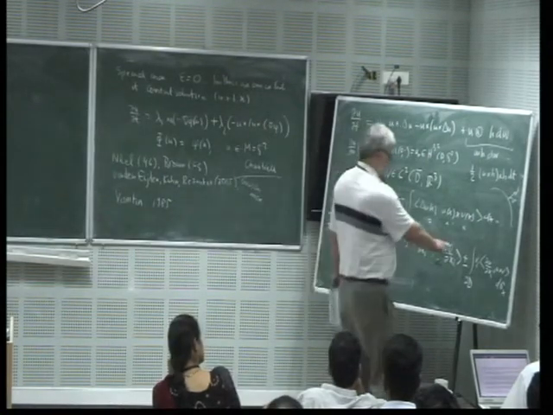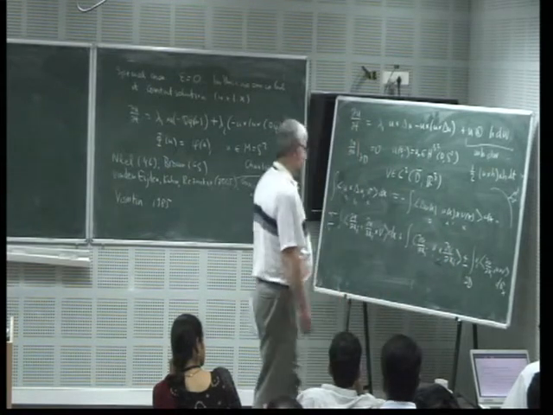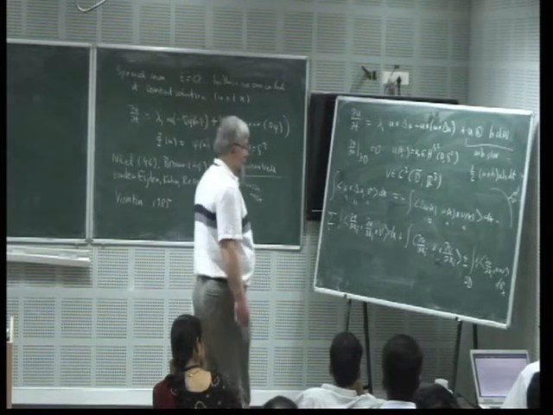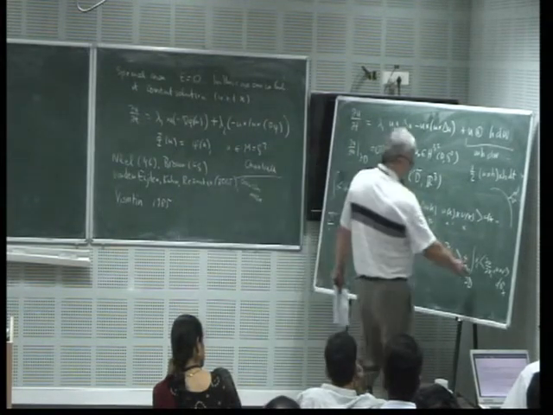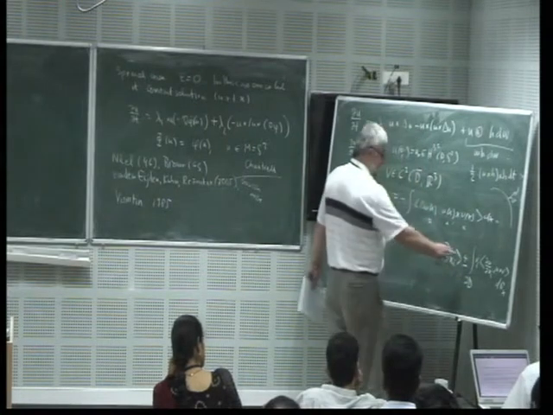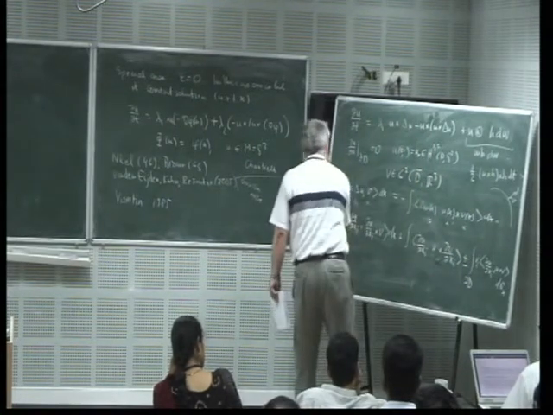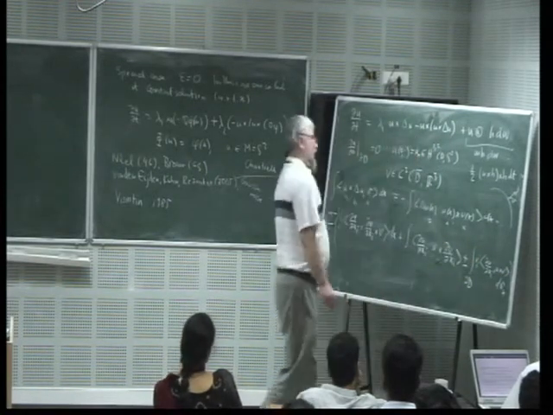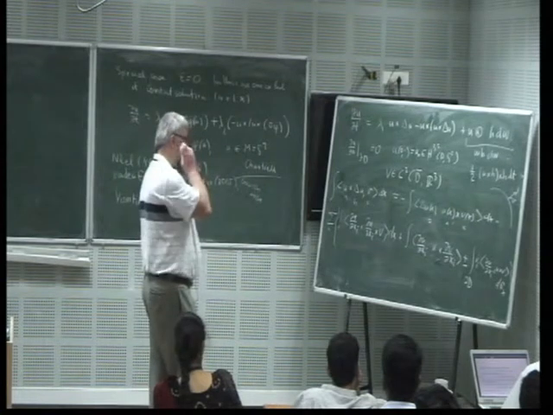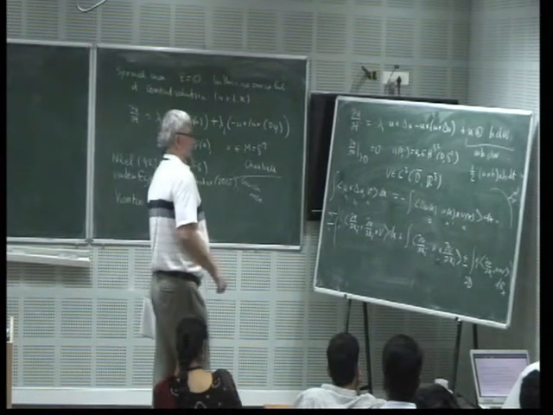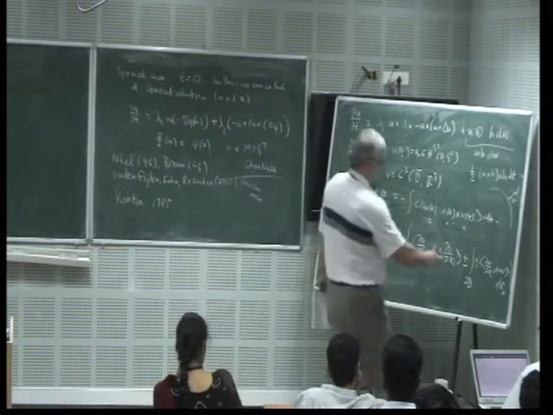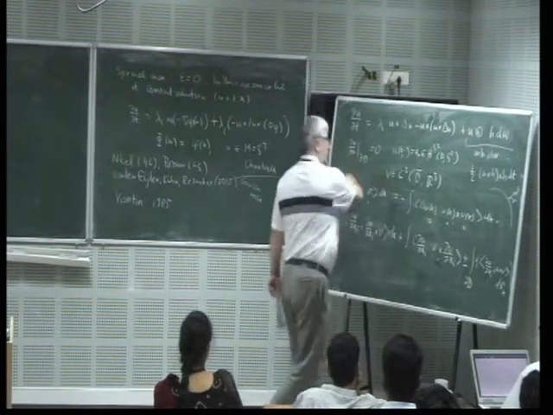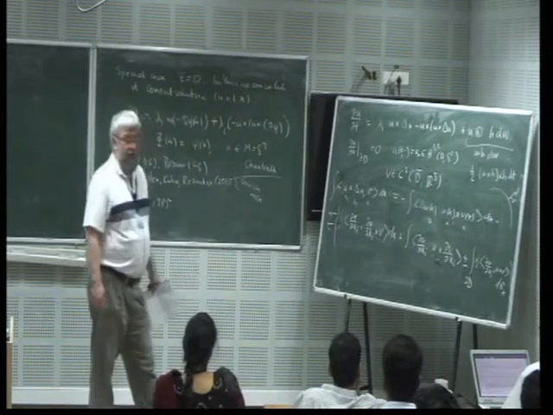So nu i is a number, and here is also the sum over i, so if I go with the sum inside, I get the condition which I have written over there, du over dn.